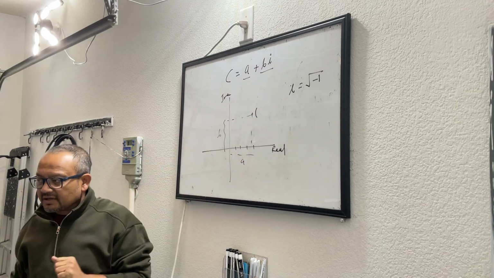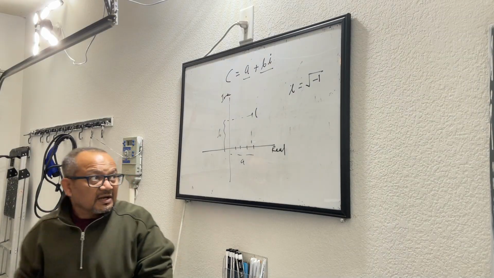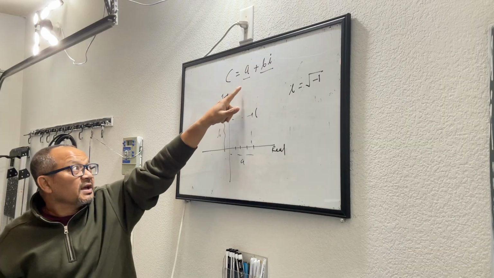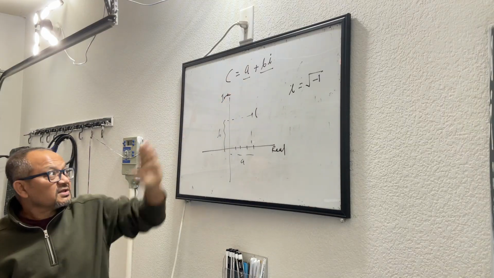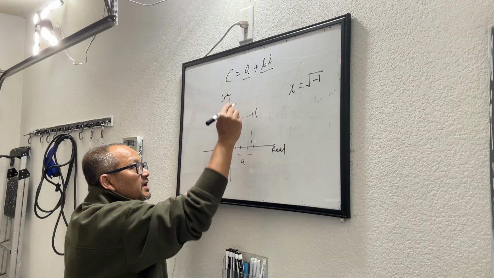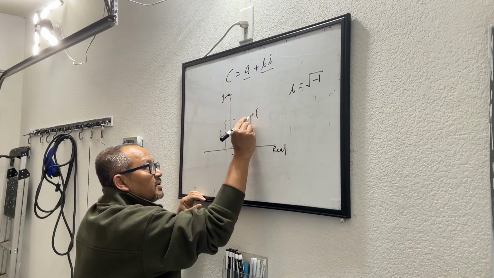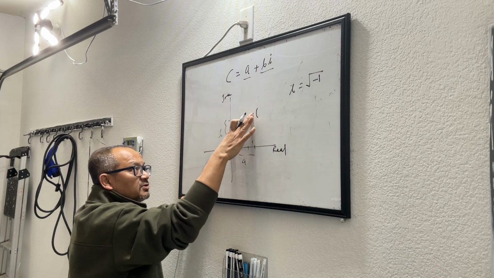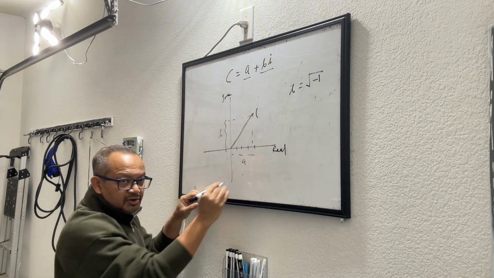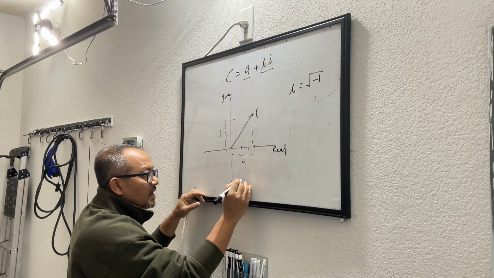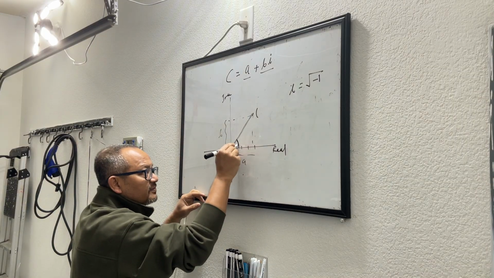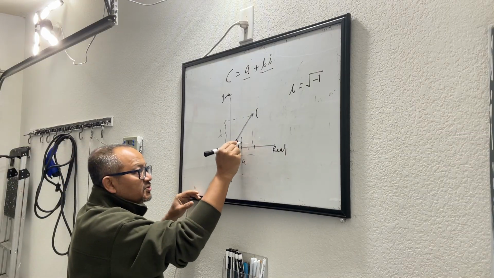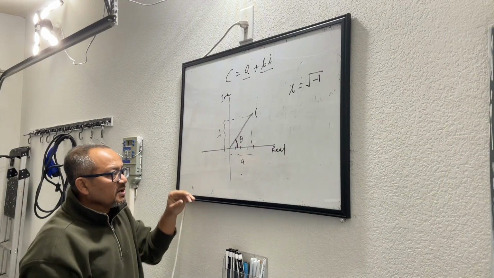The other thing we talked about is that you can represent a complex number in the rectangular form, a + bi, or you can represent it in the polar form, where you look at the absolute distance from the origin to this point as your magnitude, and the angle it makes with the positive real axis is called the amplitude, theta.